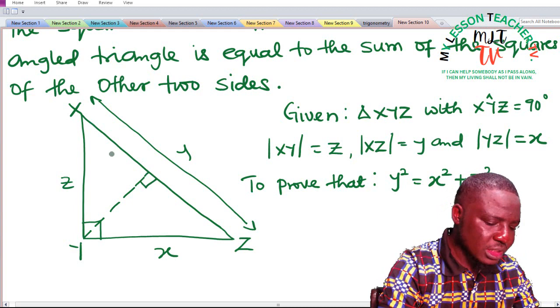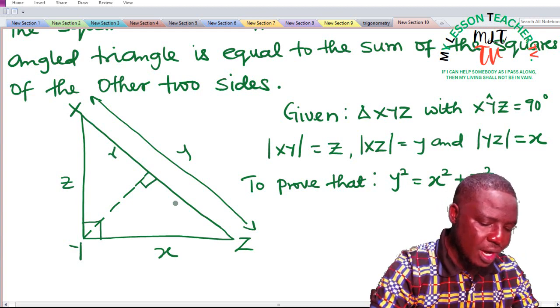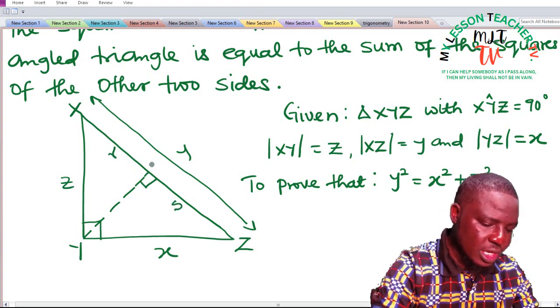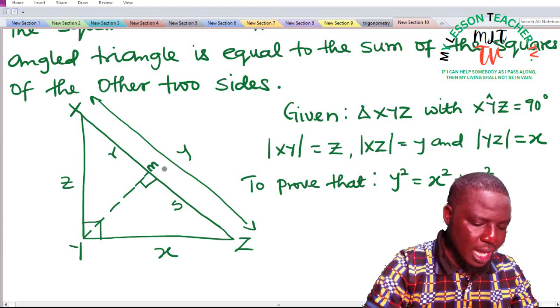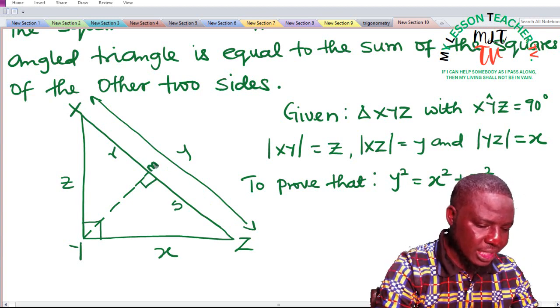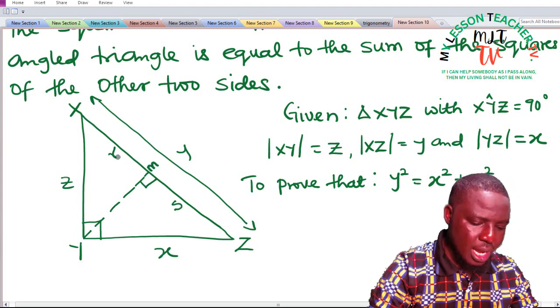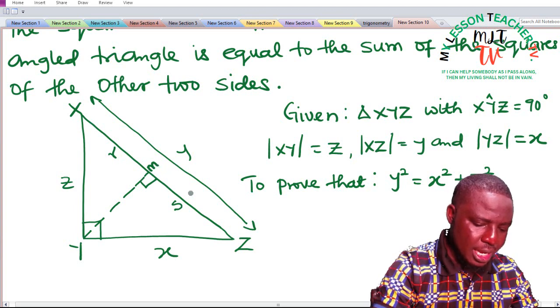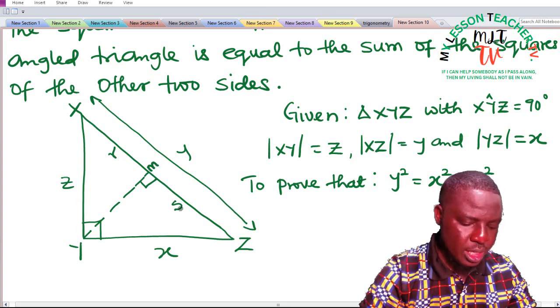Let me call this side r and this side s. If this meets XZ at the point M, then it means that line XM is r and line MZ is s.